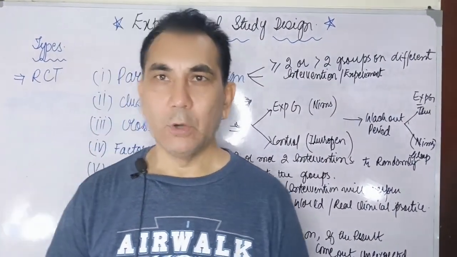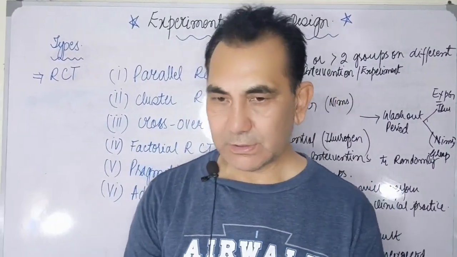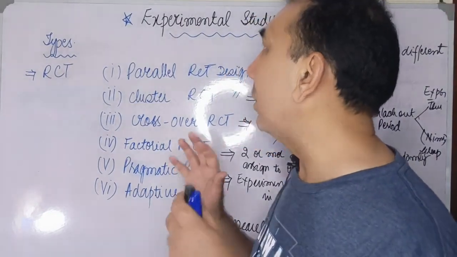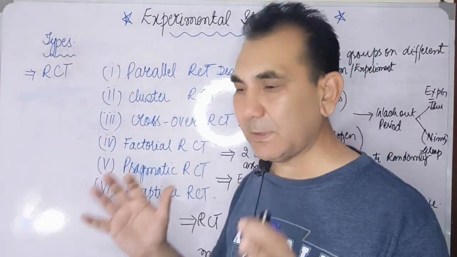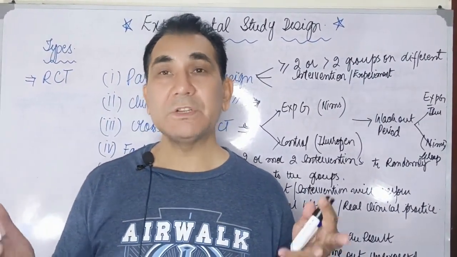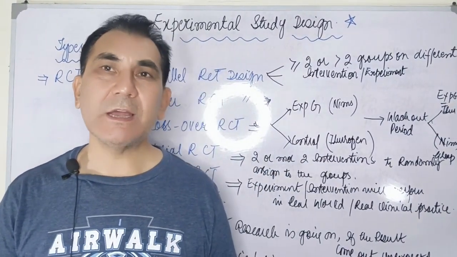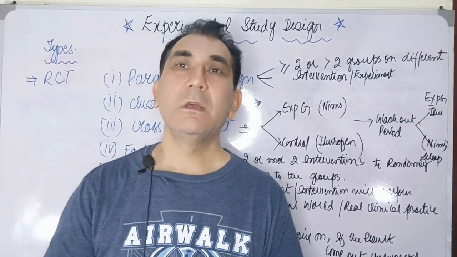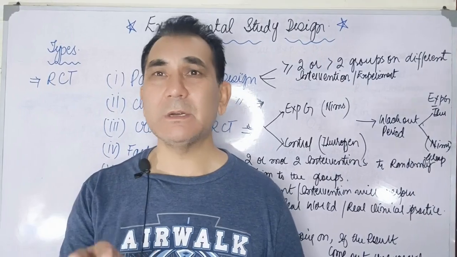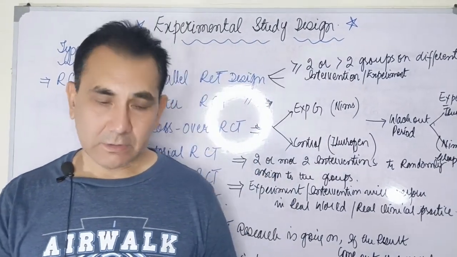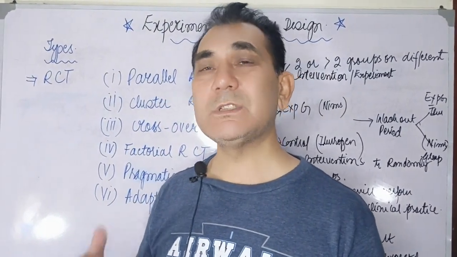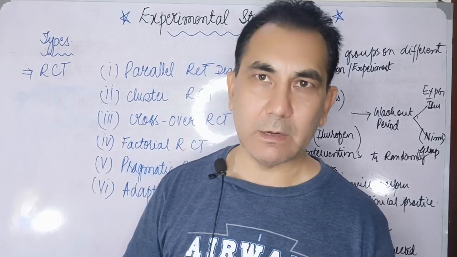So I hope in today's lecture your concept about the experimental study design is clear. In the experimental study design we learned it is a type of research study design in which the researcher uses any intervention, activity, experiment, or drug trial, and manipulates the independent variables to see their effects on the dependent variables.